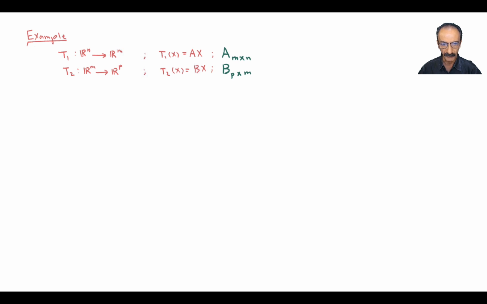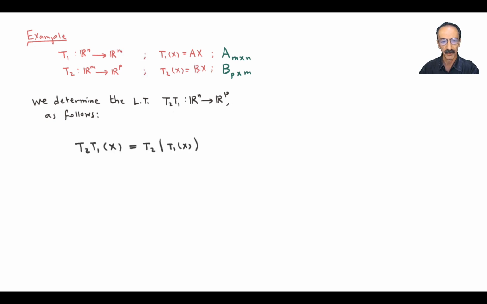Now, we want to determine the composition or the product of those two transformations, T1 and T2. To determine T2 T1, that takes you from R^n all the way to R^p, we define it as follows. So we'll start step by step. Let's take a look. T2 T1 of X will be T2 of T1 of X. We want to replace T1 of X with what is defined as AX.